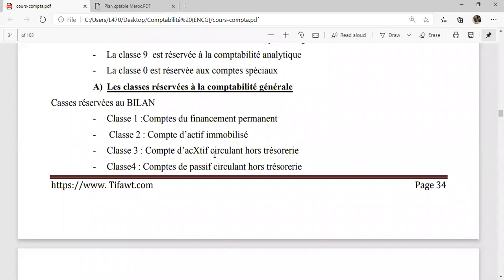It's also a financement, except it differs from the financement permanent in that it is not permanent: if it's a debt, you are to repay it in a period of less than 1 year. So we have 2 things: financement permanent, greater than a year, and passif circulant, which you are to pay back within a period of 1 year.